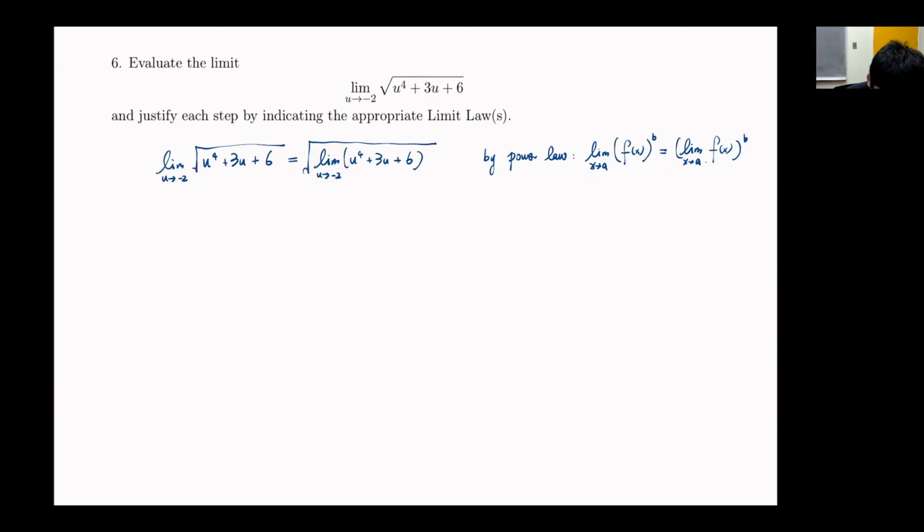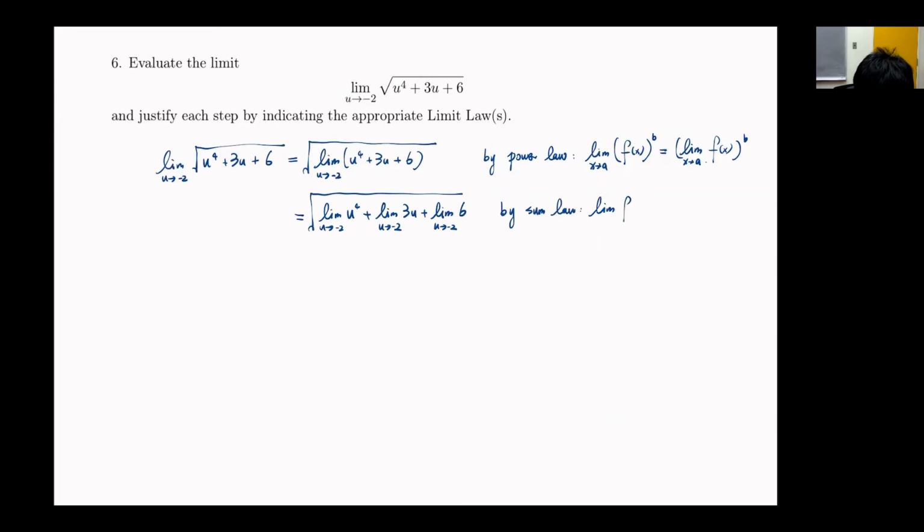Okay, so for the next step, I will just distribute the limit into each individual term. So that will be the limit of u to the 4th power plus the limit of 3 times u plus the limit of 6. Okay, so this is by the sum law.